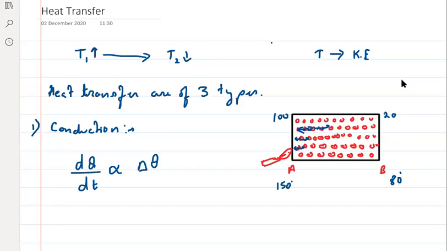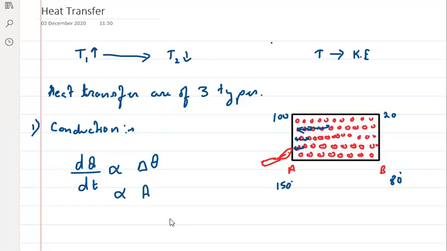More energy can be transferred, yes or no? Logical, makes sense, right? So I can say that it is directly proportional to cross sectional area also.